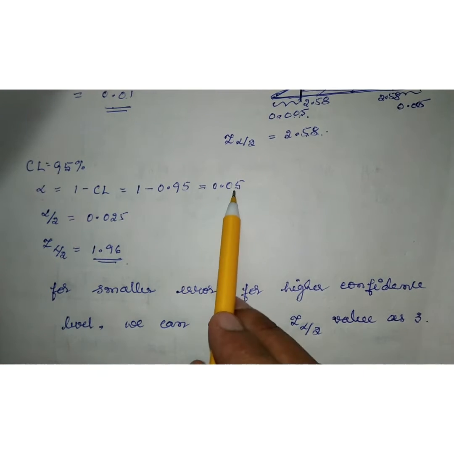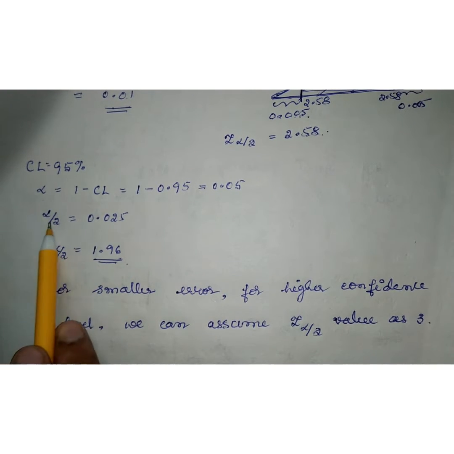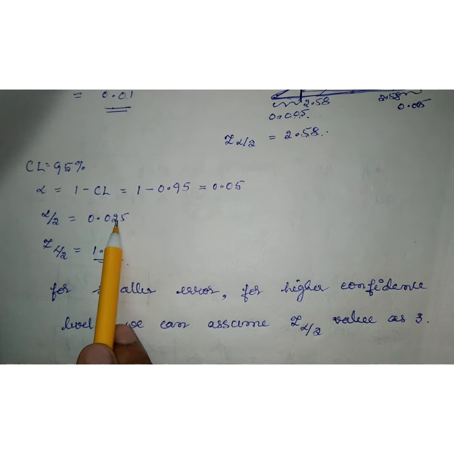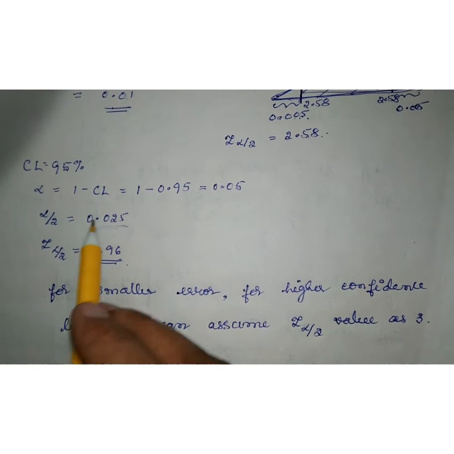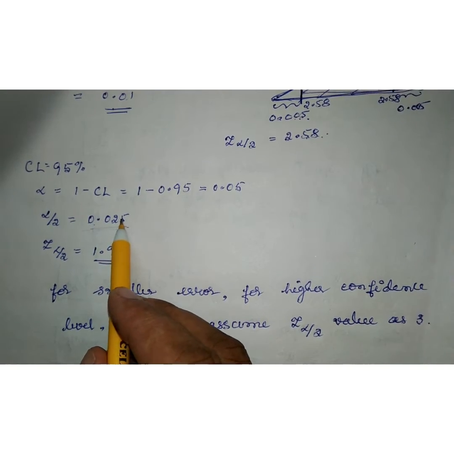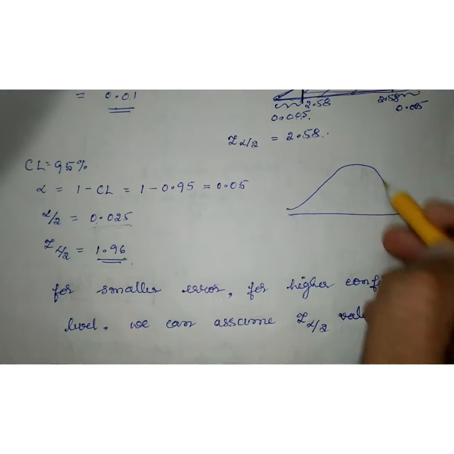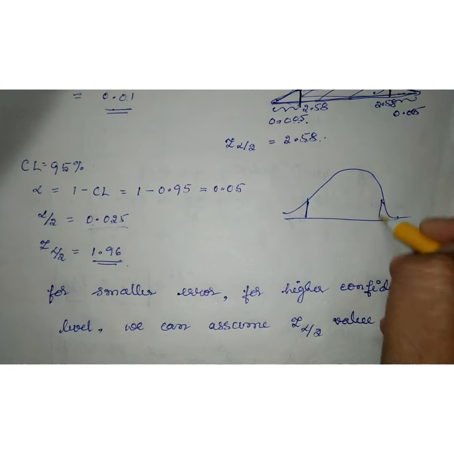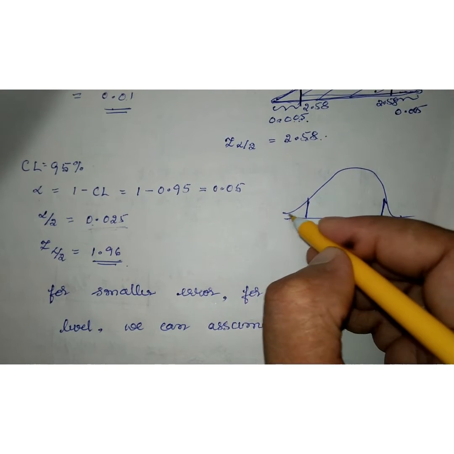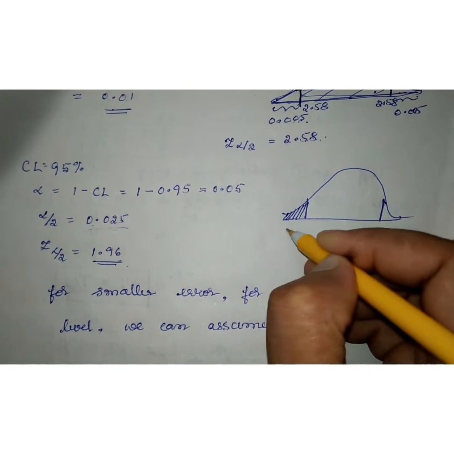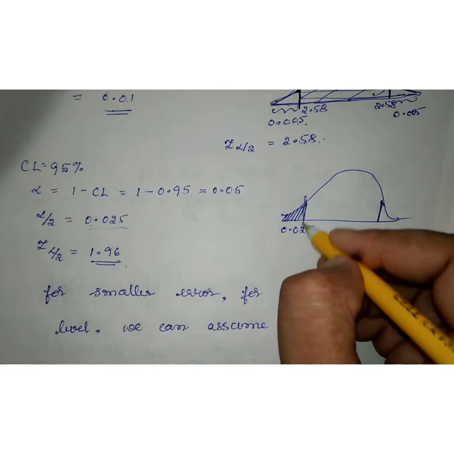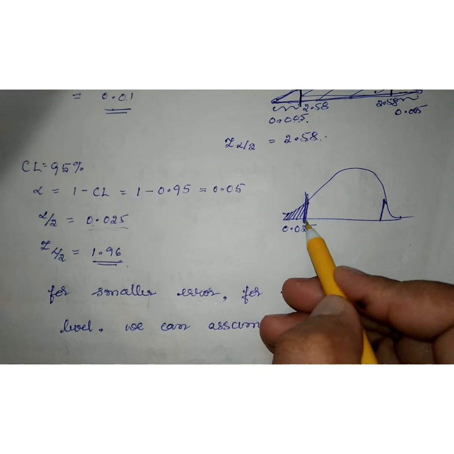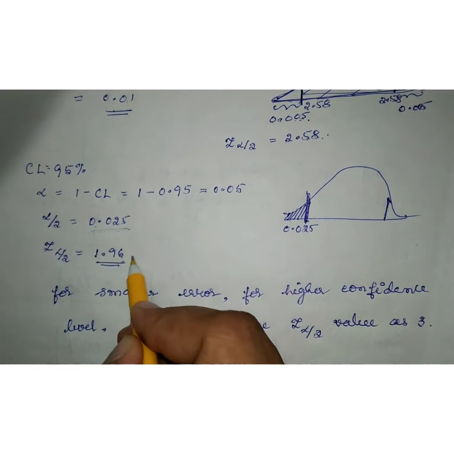Whenever it is 95%, then alpha is 0.05 and the alpha by 2 value is 0.025. So using the reverse way of finding, 0.025 is the area in the normal distribution table, and you find the limit, and here you get 1.96.